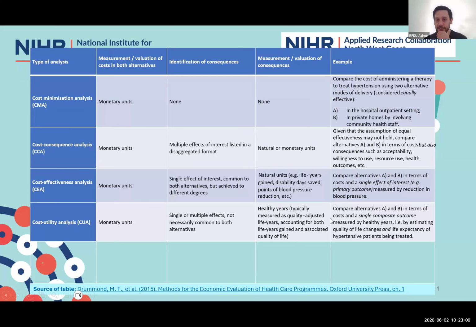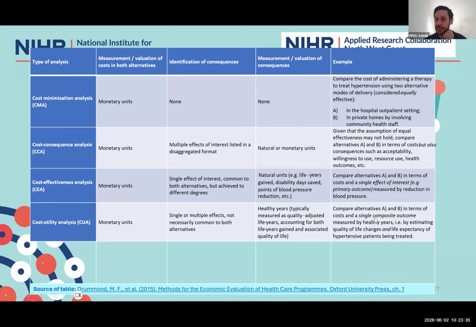And this concept of healthy years is operationalized by looking at quality adjusted life years, or QALYs, which I'm sure some of you will have heard of before. I know that some of the papers you're going to look at will, of course, look at QALYs, and we will discuss QALYs a bit more in session 4 when we cover the outcomes.